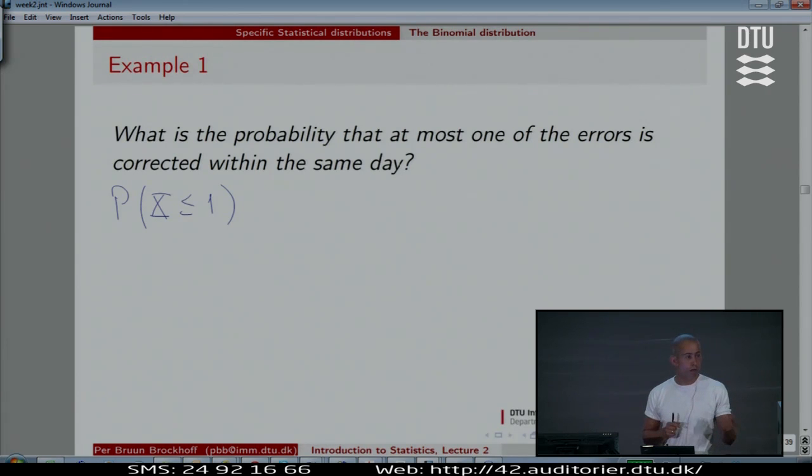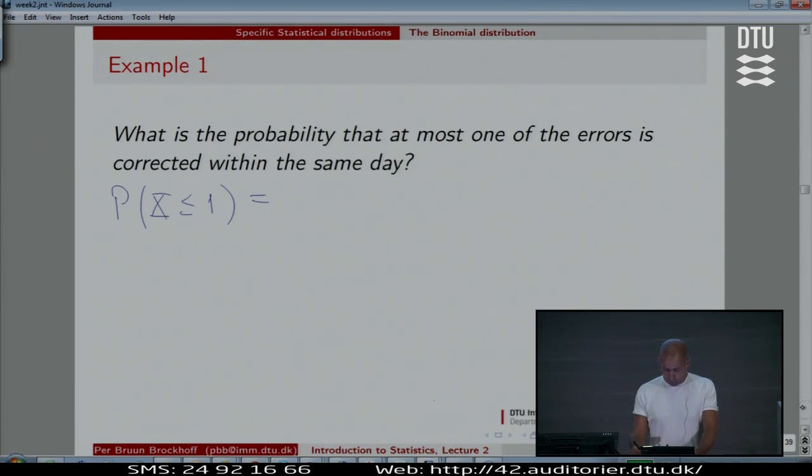So only 0 or 1 errors are corrected, not 2, 3, 4, 5, or 6. So it's a rather poor situation, but still, this is maybe the worst case situation. How often will that happen? Almost worst case, right? We are going to see if we can find this probability.